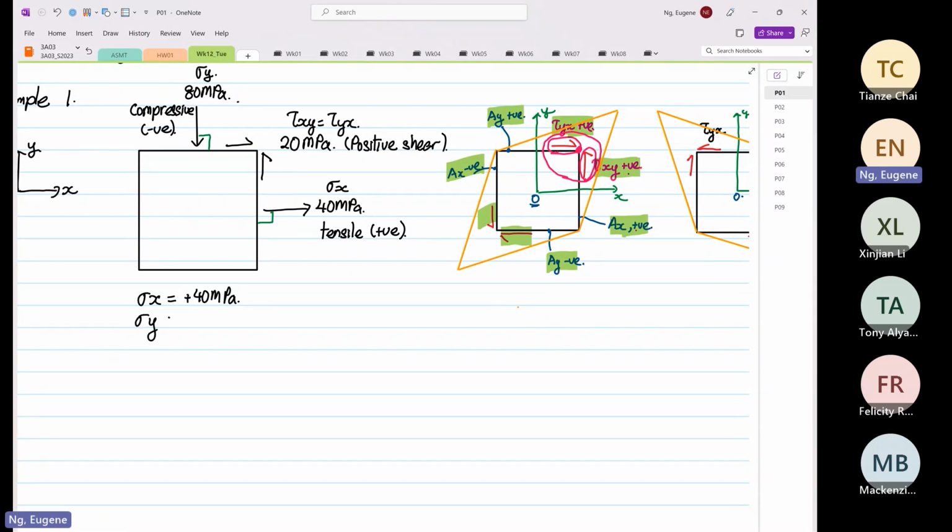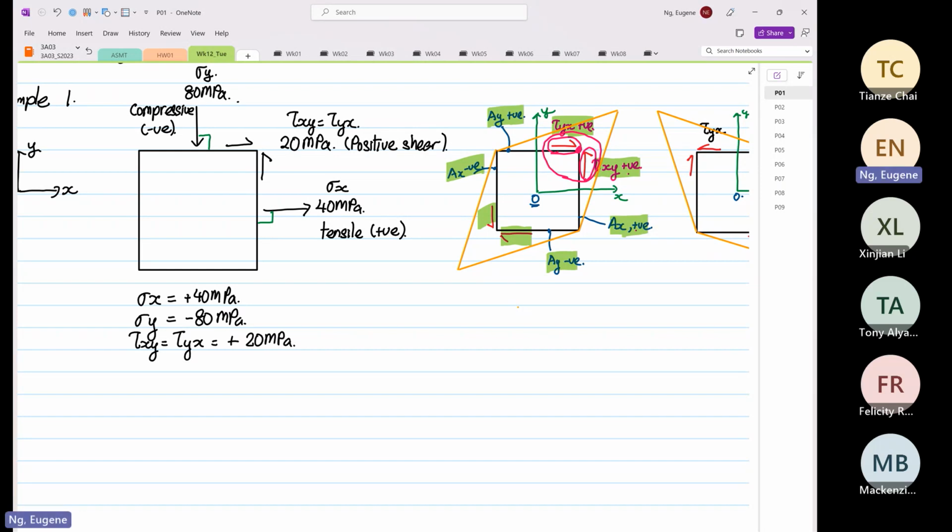Stress Y, because it's pointing towards the surface, is minus 80 megapascal. And we know that shear XY is equal to shear YX, and this is equal to positive 20 megapascal.